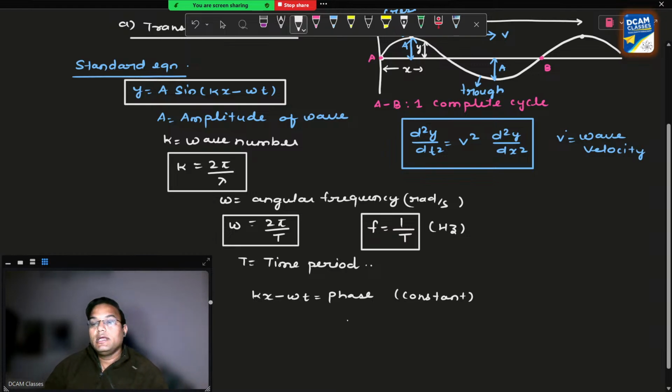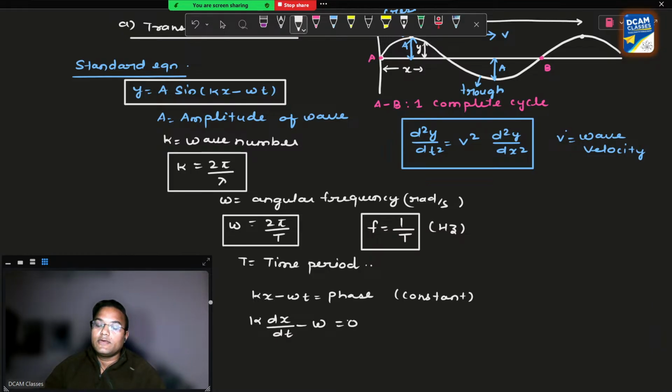Now, if x is the position of a point in a wave from the original point, then you can differentiate this. If we differentiate it, it will become k dx by dt minus omega is equal to 0, because phase is constant, so the derivative is 0.